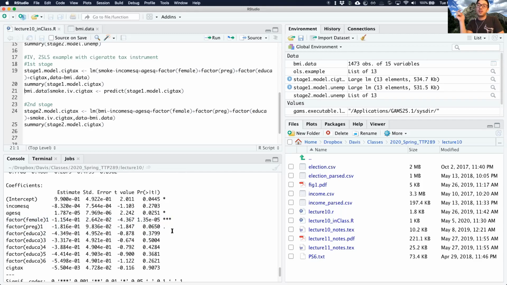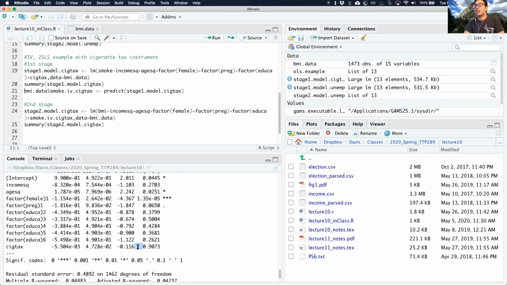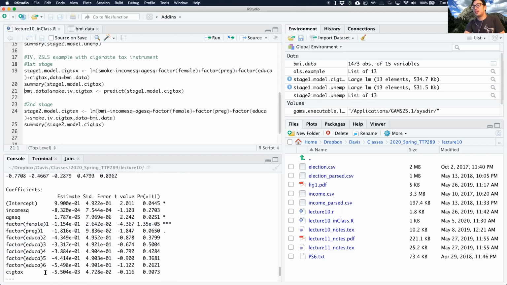One thing that you will note, though, is that we qualitatively have pretty good reason to justify cigarette tax being a good instrument, because we're fairly confident that it's basically unrelated to a lot of these things. Oh, sorry, I misspoke. It's not that these are significant, which is actually okay, because this is related to smoking, not to cigarette tax.